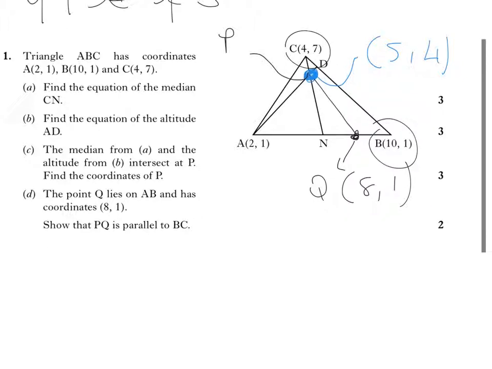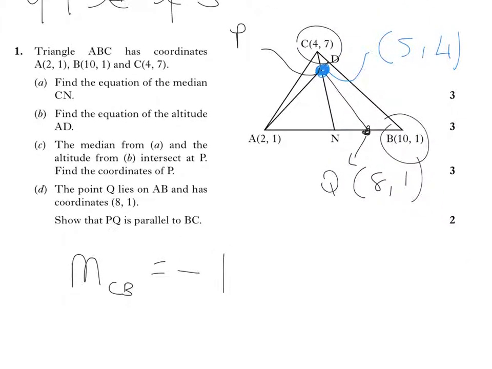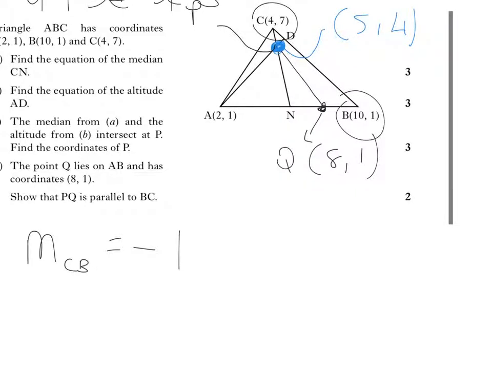So parallel, we would prove that if the gradients are equal. So we've already worked out that the gradient of BC was minus 1. So what we should find now is that the gradient of PQ is also minus 1.